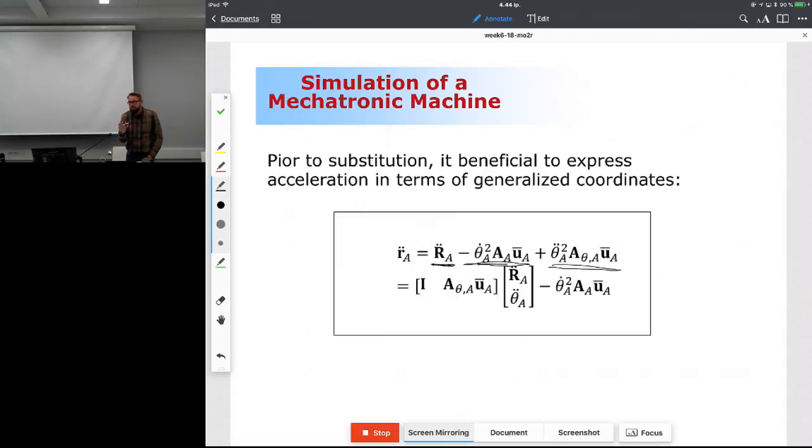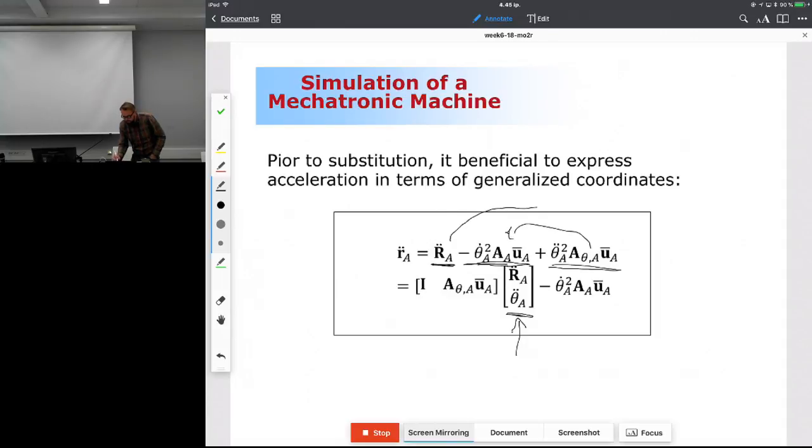So three components. Now I'm going to express this very same equation by simply reorganizing it such that the velocity of generalized coordinates is expressed as one separate vector. So look what I do. I take this one here and put it as a separate vector.